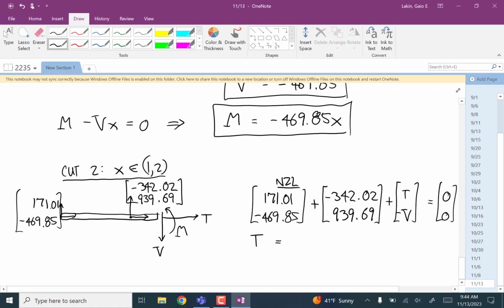So T is equal to positive 171.01. V is equal to positive 469.85.